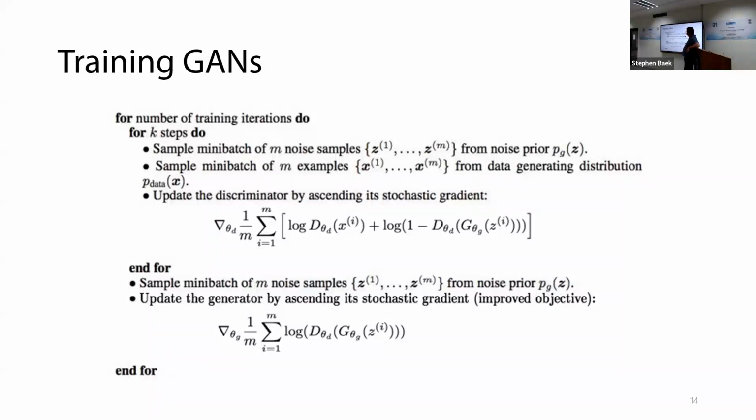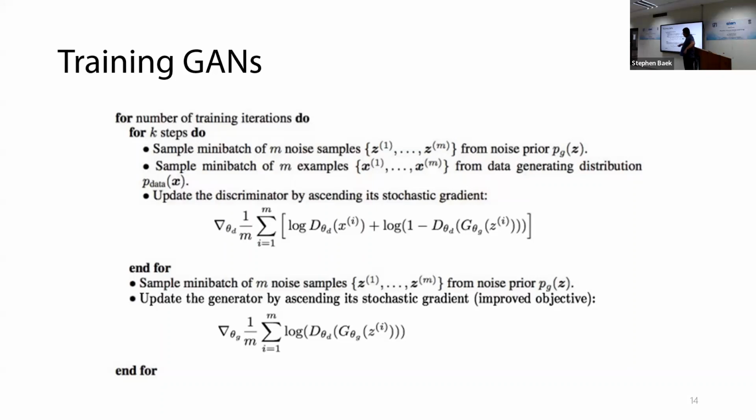Now the second part of this for loop is the update of the generator. So now what happens is, the generator loss term, we take the gradient. We don't really care too much about the discriminator because the discriminator loss is something that the generator cannot change, right? So the only thing that we can optimize is the generator loss.